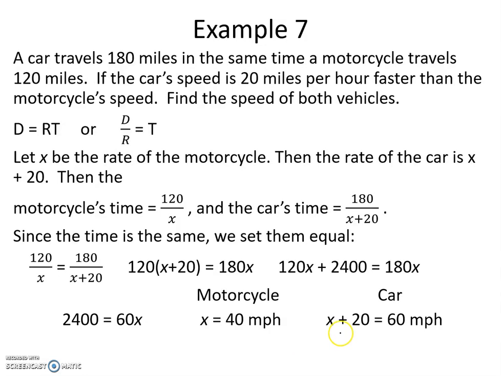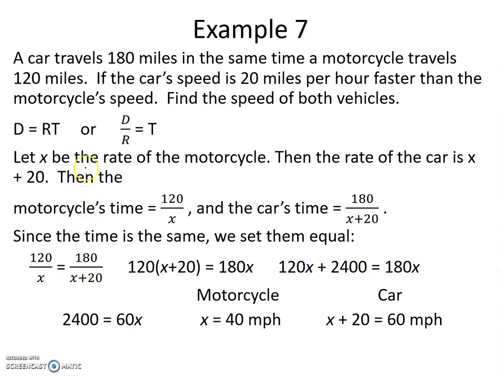On example 7, a car travels 180 miles in the same time a motorcycle travels 120 miles. If the car's speed is 20 miles per hour faster than the motorcycle's speed, find the speed of both vehicles.